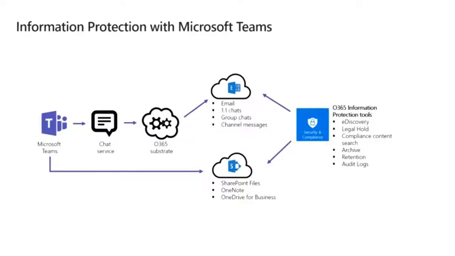While Teams looks like a new interface, it is sitting on top of the existing architecture of Exchange and SharePoint, which means you have archiving, retention policies, and audit logs. You have those capabilities for Exchange and SharePoint.